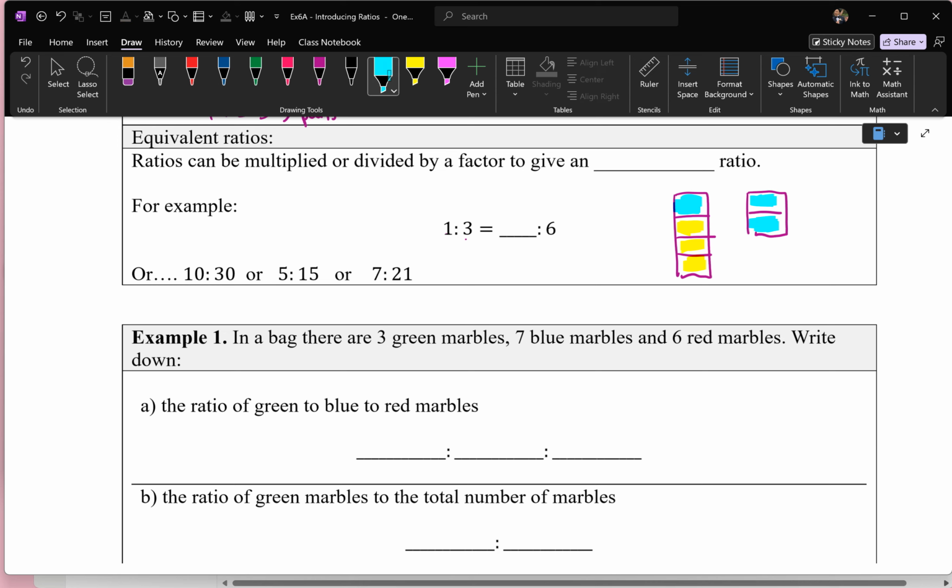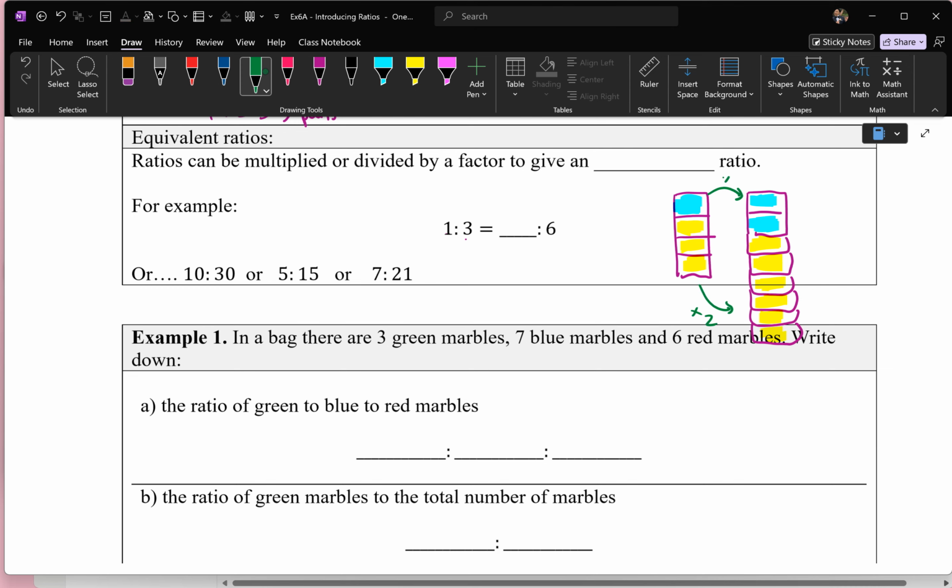If it's 2 that's shaded, you've doubled the blue, so you have to double the yellow. Instead of 3 unshaded, it should now be 6, because you're doubling.